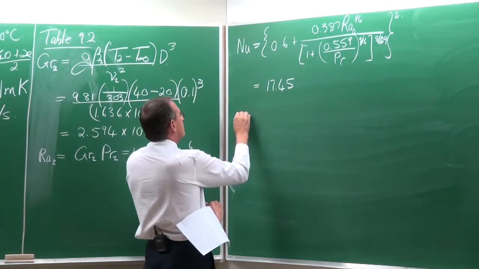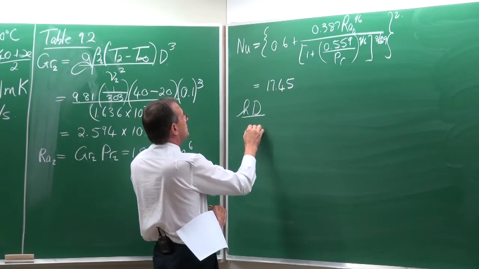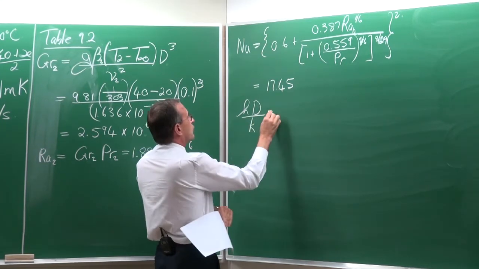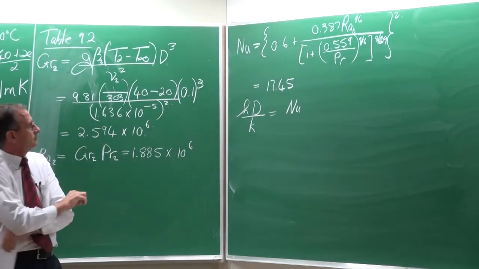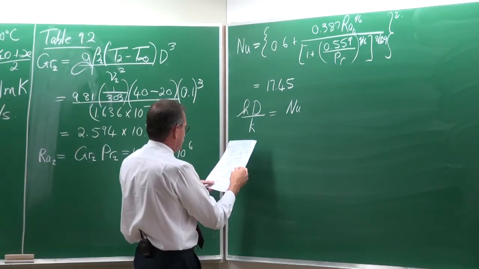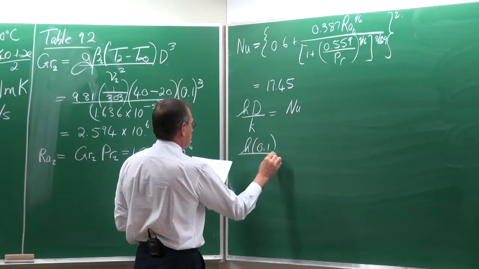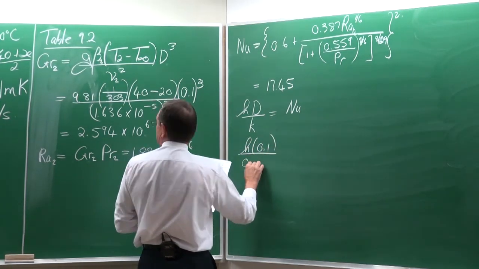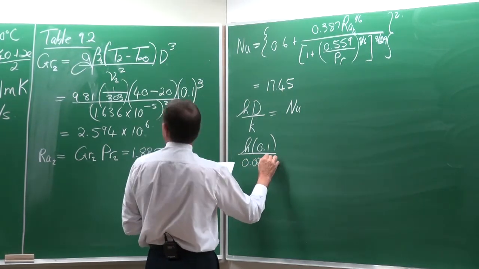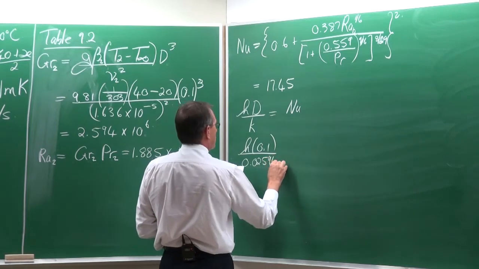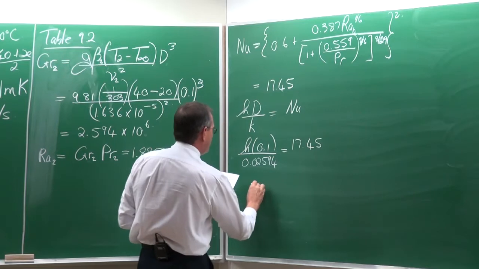So the Nusselt number is equal to the heat transfer coefficient multiplied by the diameter divided by K, and that is equal to the Nusselt number. The heat transfer coefficient is what we want to calculate. The diameter is 0.1. The thermal conductivity is equal to 0.02594, is equal to the Nusselt number, which is 17.45.